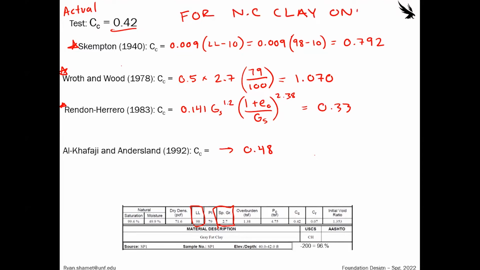So be really careful when you start working. If you're in a geotech firm or if you're working with a geotech and somebody says, hey, we need to estimate the CC value or we need to estimate the consolidation, just find some correlations and plug it in and use that value. We have to make sure we're using the correct correlation for the type of soil that we're working with.